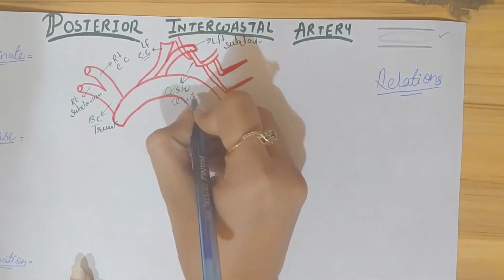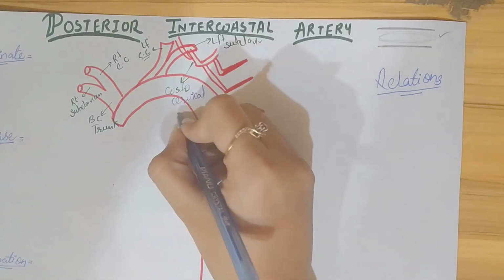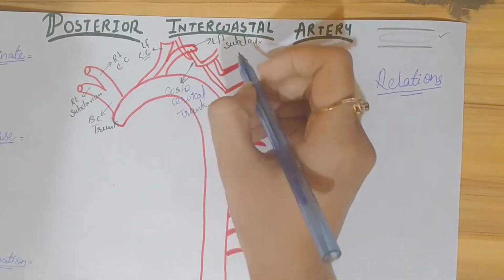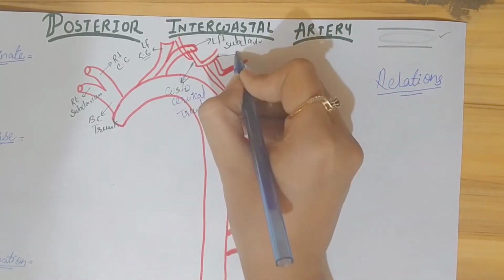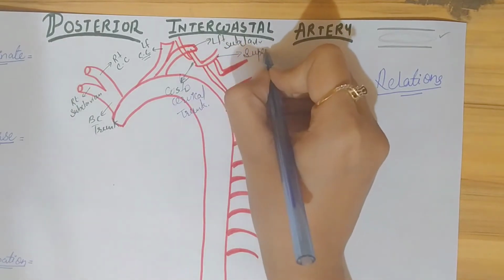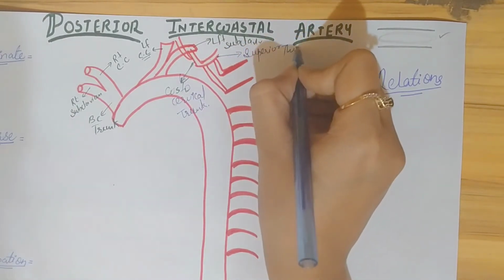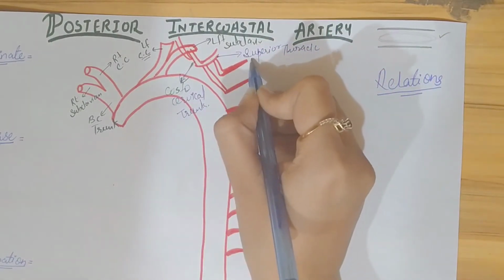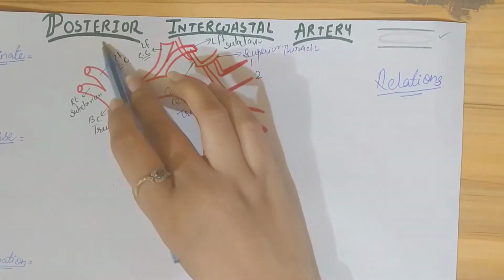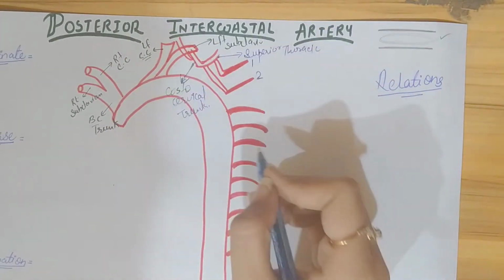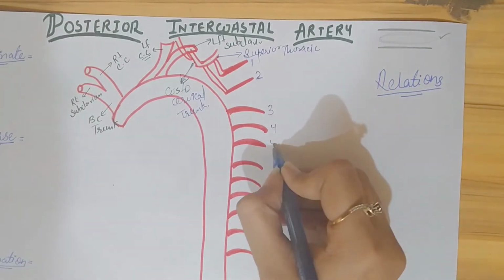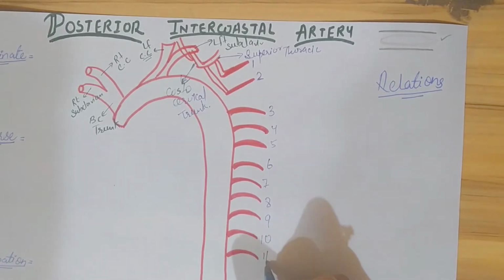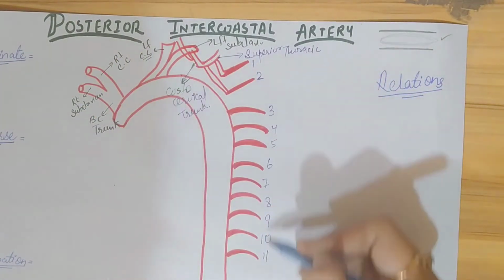From the costocervical trunk, we got another artery that is known as the superior thoracic artery. Right? Then from the superior thoracic, we got the first and the second posterior intercostal artery. Then the third, fourth, fifth, sixth, 7, 8, 9, 10 and 11th posterior intercostal artery arise from the descending aorta.